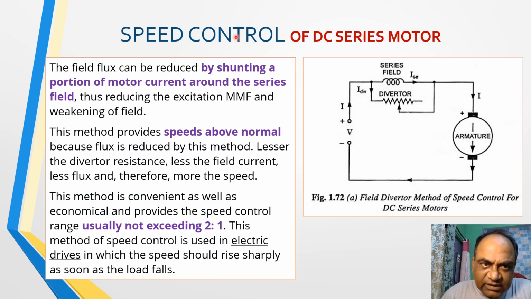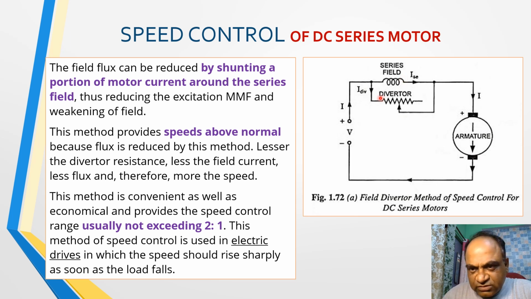Here, speed control of the DC series motor is discussed, and a field diverter circuit has been used. Basically, the current through the field winding is diverted through a small resistance, and the current through the field winding is reduced.